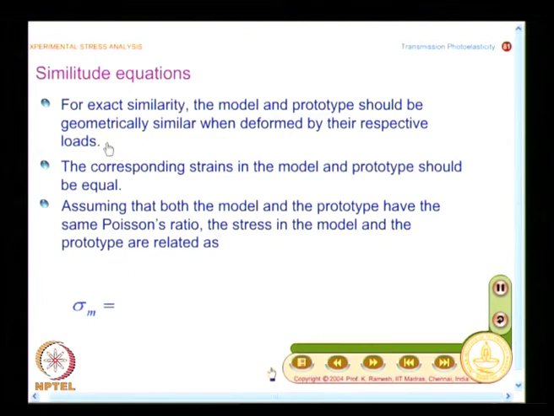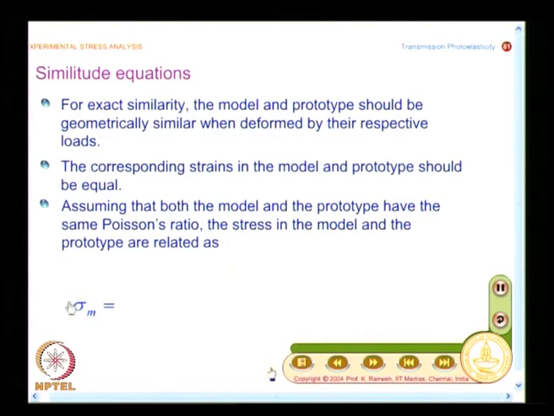So, what we look at here is the strains developed in the model and prototype should be equal. This is the desirability, and I said in all experimentation Poisson ratio is a nuisance. Assuming that both the model and the prototype have the same Poisson's ratio, the stress in the model and the prototype are related.